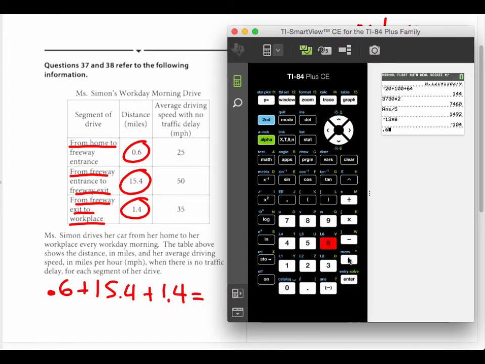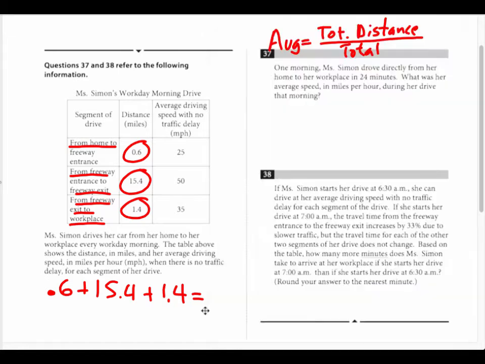If I have 0.6 plus 15.4 plus 1.4, I get 17.4. So our total distance was 17.4 miles, and she did that in 24 minutes.